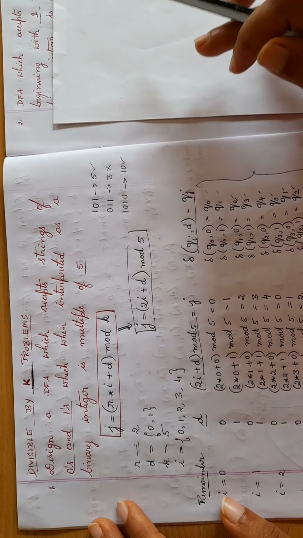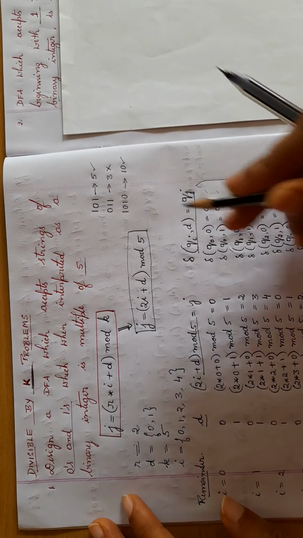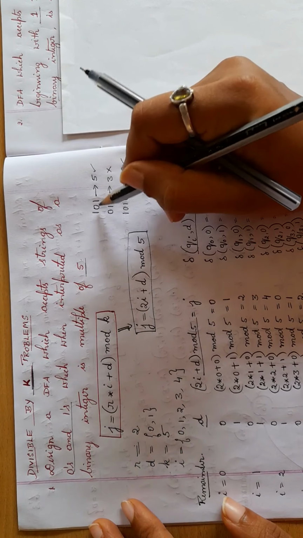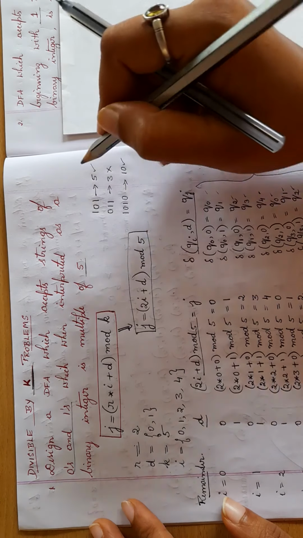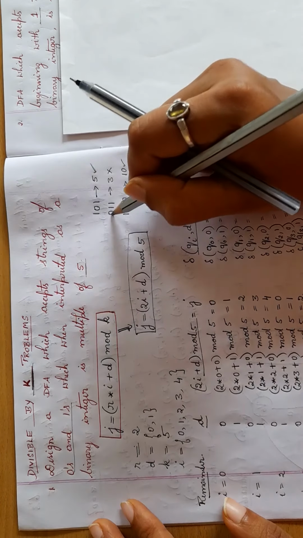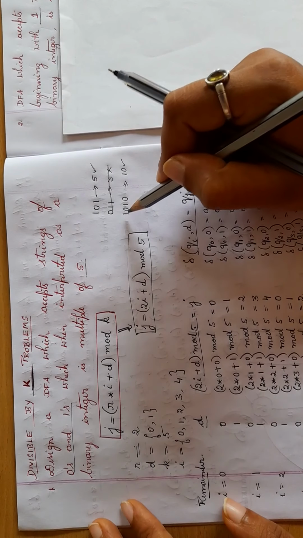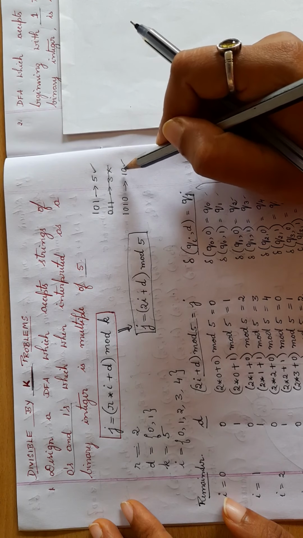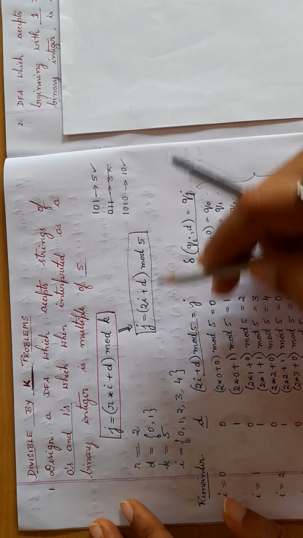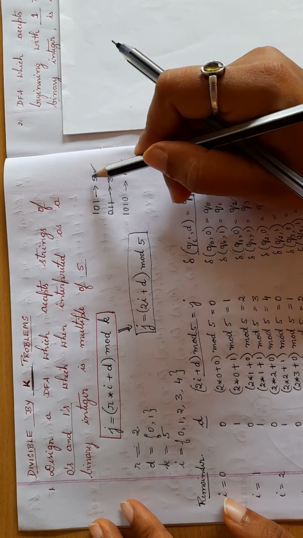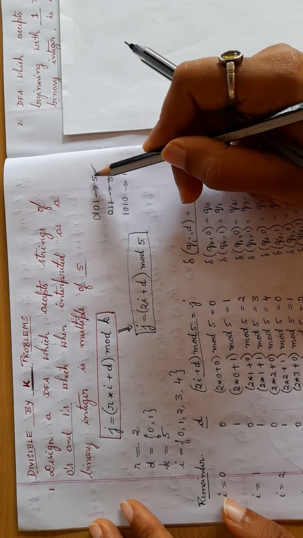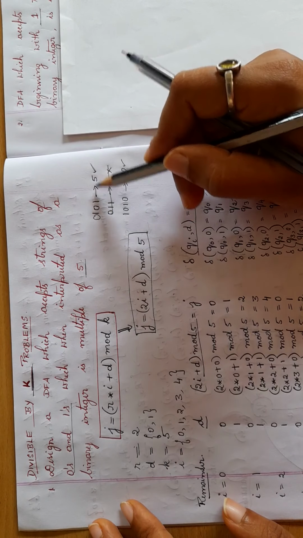In the next question, one extra condition is given: it should begin with 1. 101 is 5, so it is valid. 1010 is 10, so it is valid. In the first question, 0101 is also valid, as it is 5.